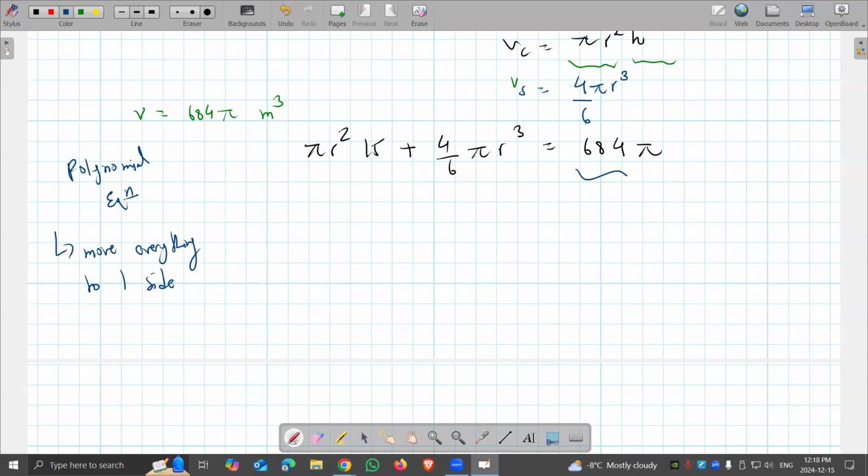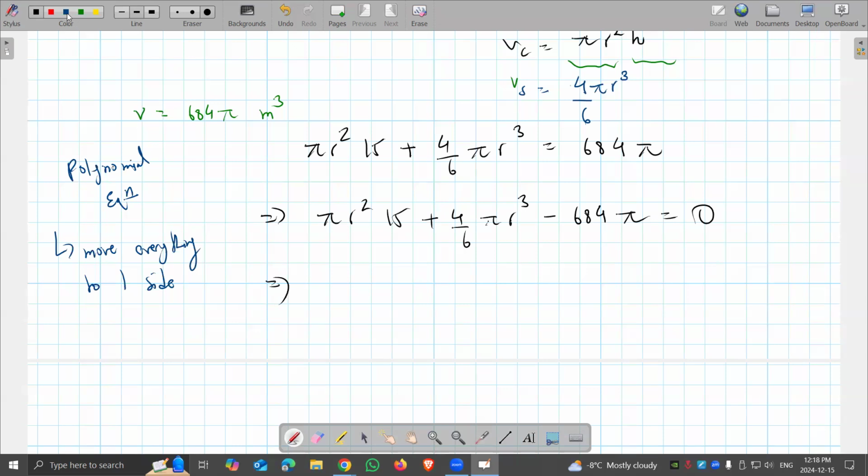So I'm going to move this to the other side, and then we can probably take out a pi after that. You want to move it to one side so that one side of the equation is 0, so you can later factor or something if you need to.